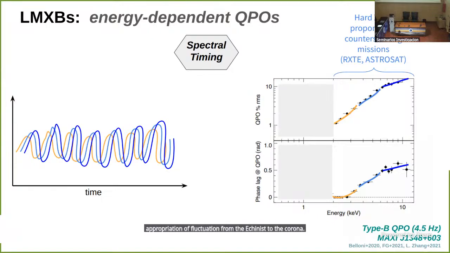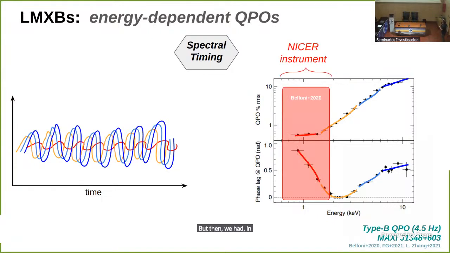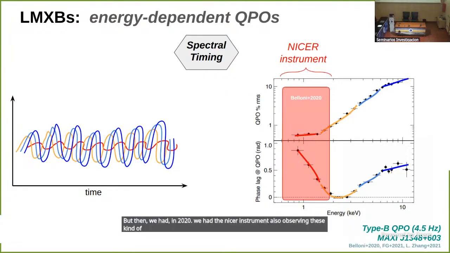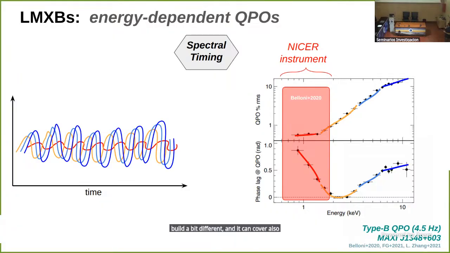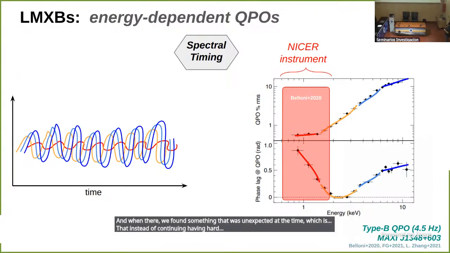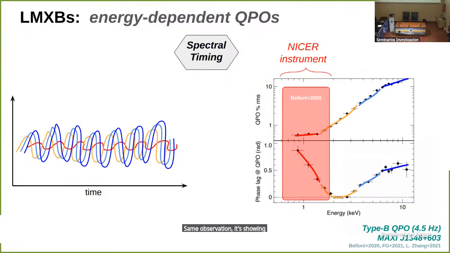But then in 2020, we had the NICER instrument also observing this kind of source, and NICER is built a bit differently, and it can also cover the soft energy band. And when we went there, we found something that was unexpected at the time: instead of continuing to have hard lags like this, this curve inverted, and there are now soft lags. So the same QPO, the same source, the same observation is showing both hard lags and soft lags at the same time. Right?